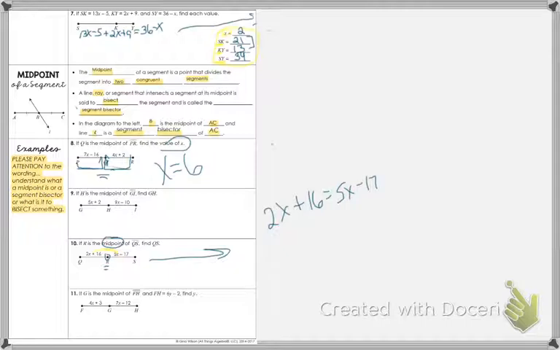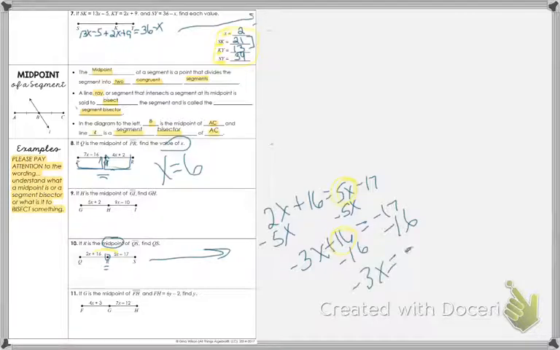I'm going to want to move my variable. So minus 5x, minus 5x, this gives me negative 3x plus 16 is equal to negative 17. Then I'm going to move the 16 across. Minus 16, minus 16. That leaves me with negative 3x is equal to negative, let's see, 33.